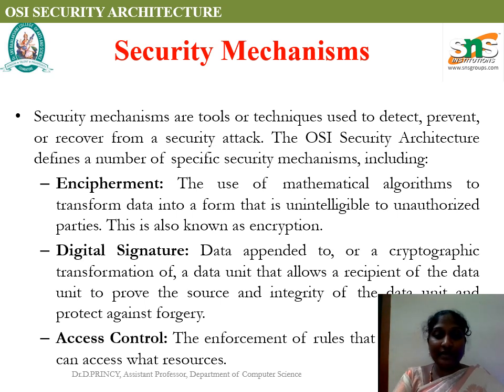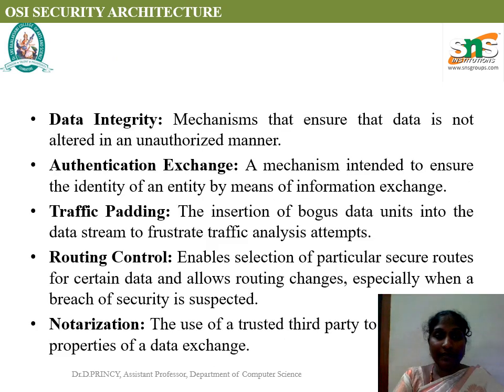We give only limited access to the resources, so they are not able to attack the security. Data integrity is a mechanism to ensure the data is not altered in an unauthorized manner. Authentication exchange: when we are exchanging information, we must identify the entity.